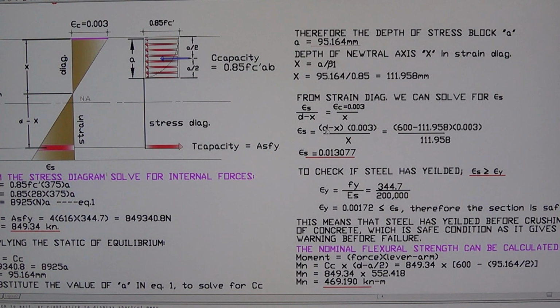ES is equal to D minus X times 0.003 divided by X. We have the value of X, which is 111.958. So 600 minus 111.958 multiplied by 0.003, you get the strain of steel to be 0.01377. Take note the strain of steel here only has one 0, a 0.0 and then 1.